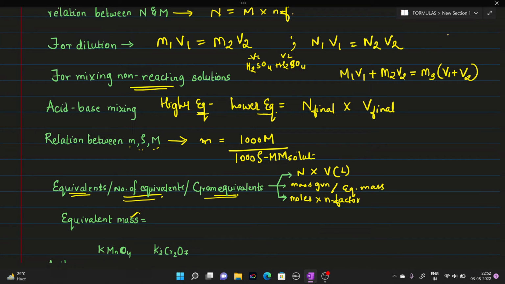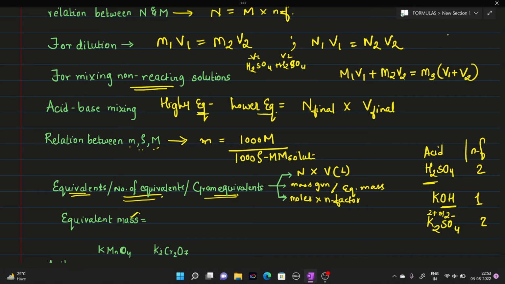For N factor of acid, if we have been given H2SO4, we can see there are 2 H, so the N factor would be 2. Similarly for base, if they have given KOH, it is 1. For salt K2SO4, we see either 2 plus or 2 minus, but we take either positive or negative, so we take 2.